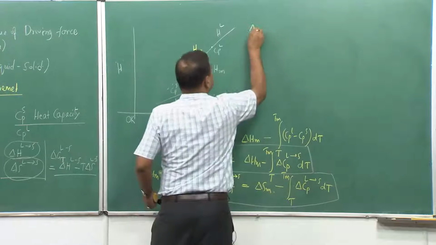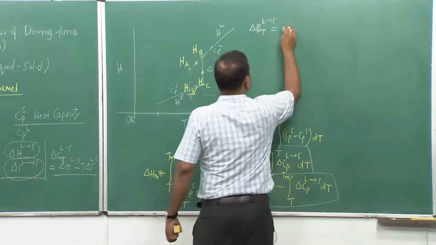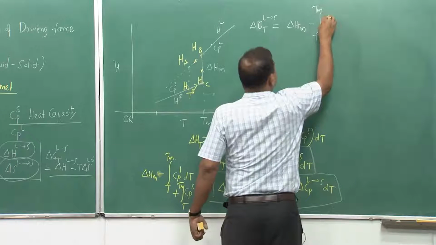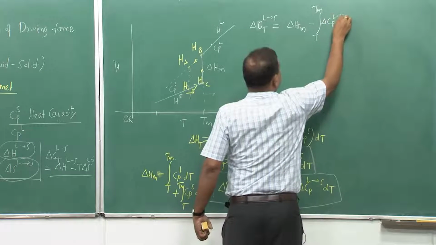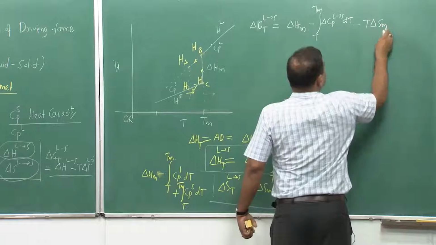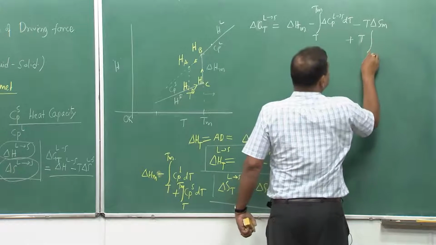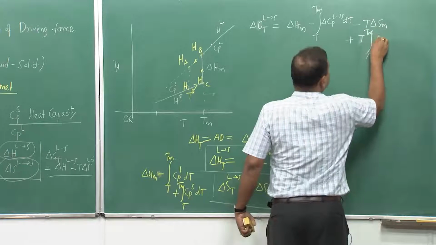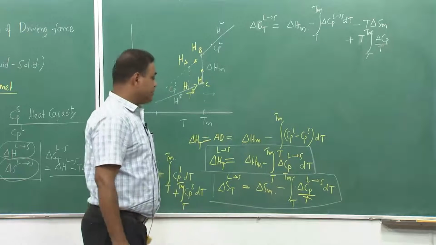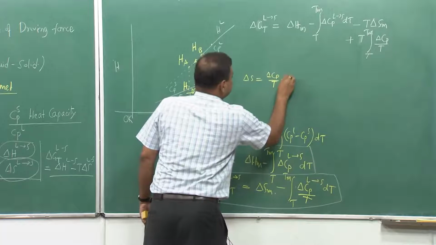So I will get del G liquid to solid at T equal to del H m minus the integral of del C p liquid to solid dT, minus T del S m plus T times... sorry, there is a small change here, there should be a temperature here, because del S is this.